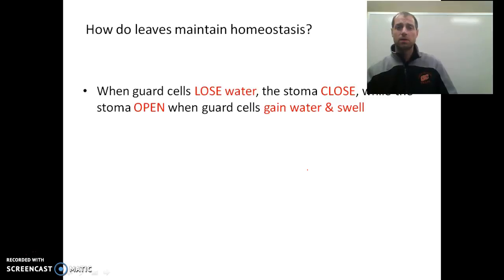But also, those guard cells are going to have a huge role in maintaining the plant's homeostasis. When the guard cells lose water, the stoma are going to close so that it doesn't lose any more water. While the stoma are open, those guard cells are going to gain water and swell and open up.